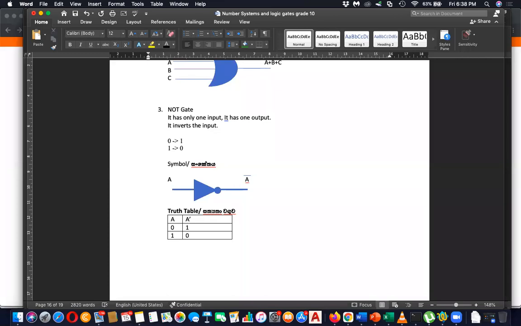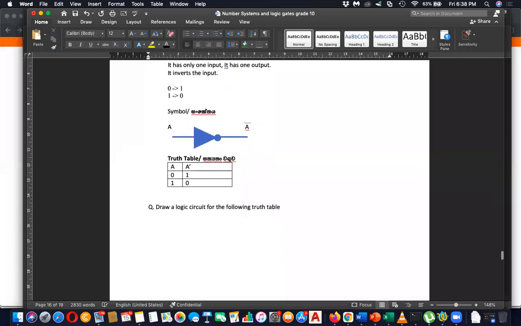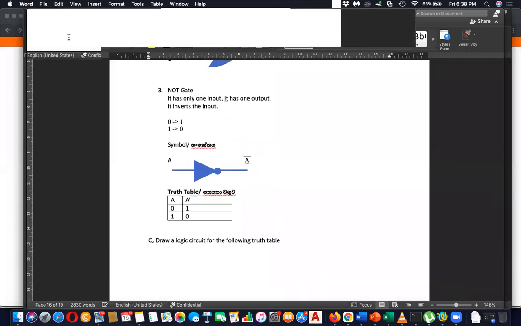Okay, question. Draw a logic circuit for the following truth table. Then this is my truth table.